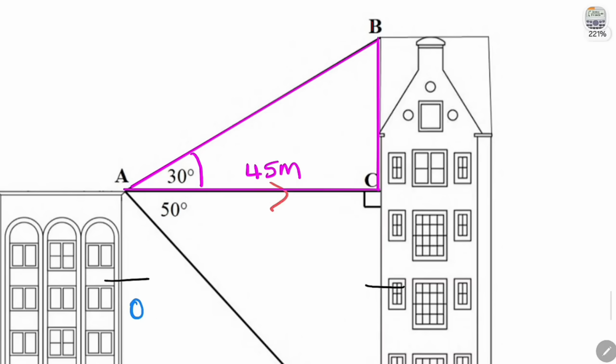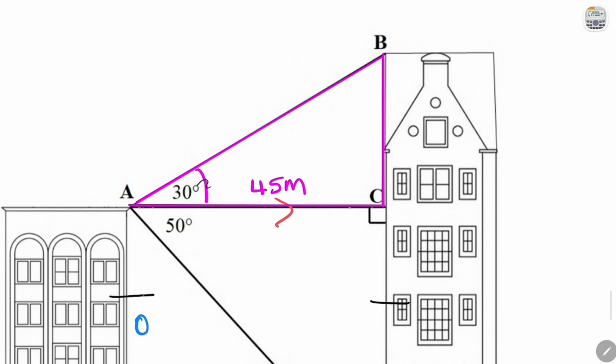So you see that we are using the same strategy here. We have an angle, we have a side, we can find this side. So name these sides relative to the angle you have. We have BC, which is clearly the opposite side, opposite 30 degrees. And this side of 45 meters, AC, is next to it, so it's the adjacent side.